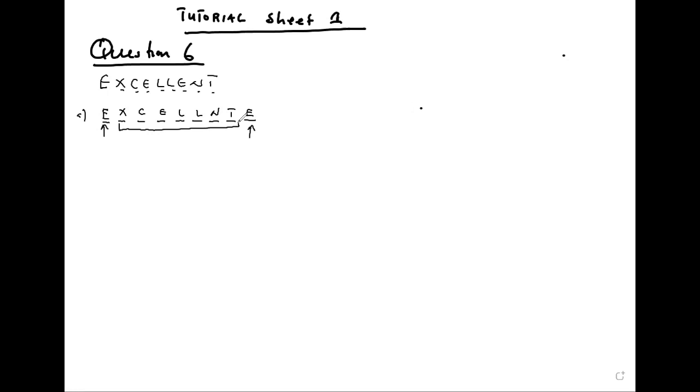Because I'm permuting only those, we have 1, 2, 3, 4, 5, 6, 7, the ones in the middle. So 7 factorial.